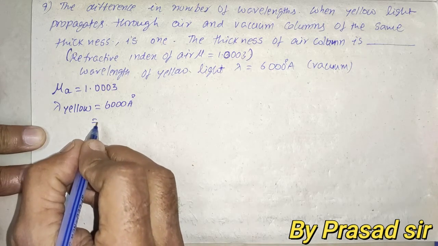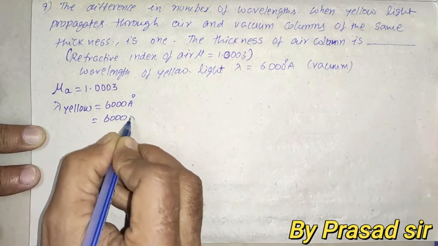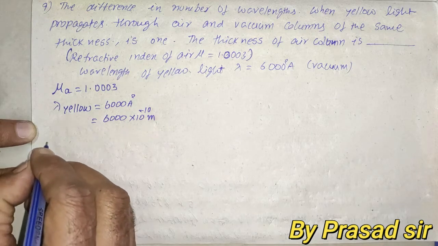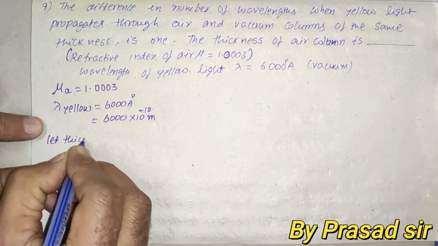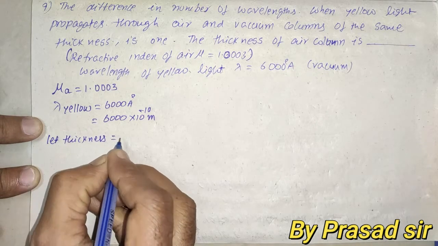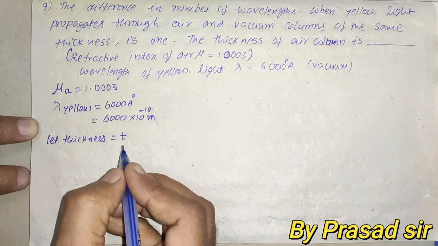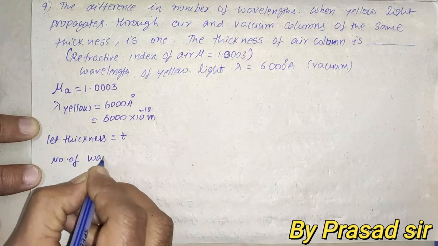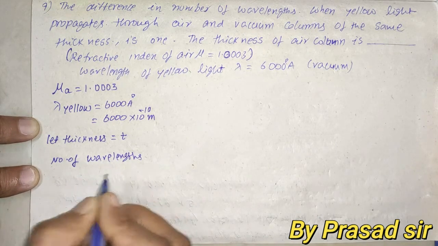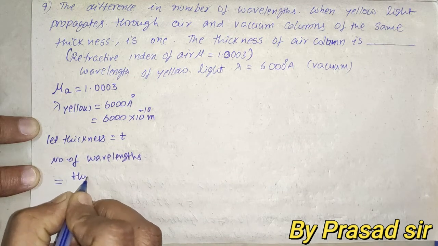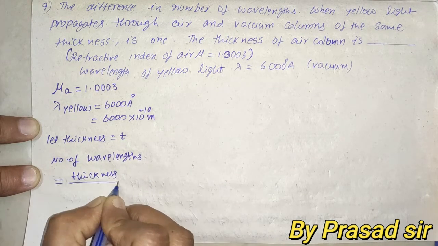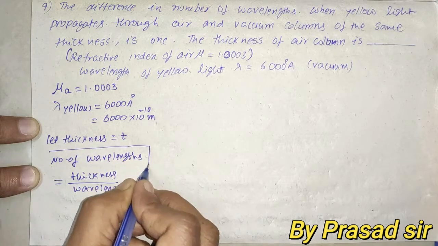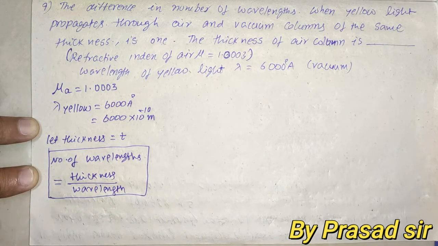So to convert into meters, that is 6000 into 10 to the power of minus 10 meters, and here let thickness is equal to some T we will take here, and here we know that number of wavelengths is equal to thickness divided by wavelength. This is the very important formula.